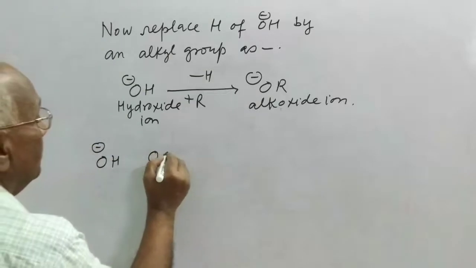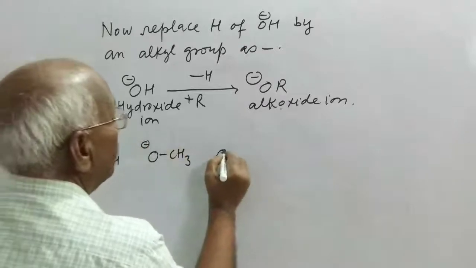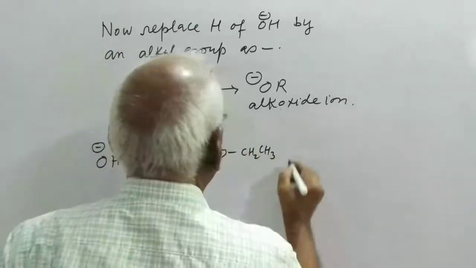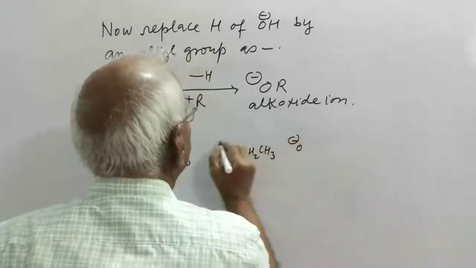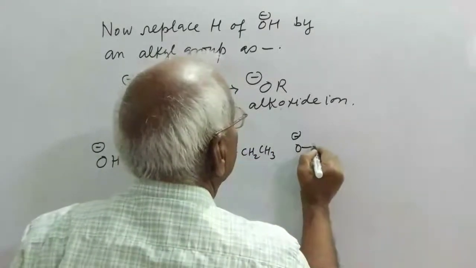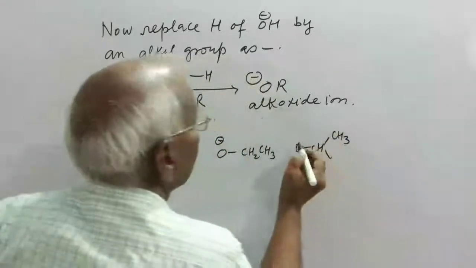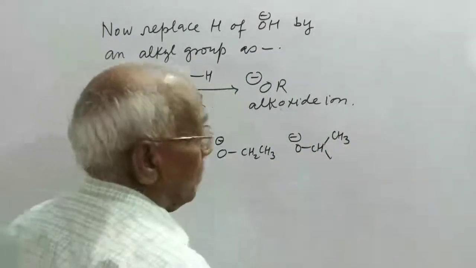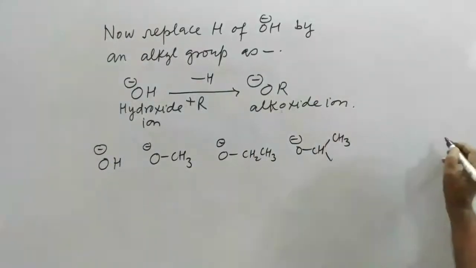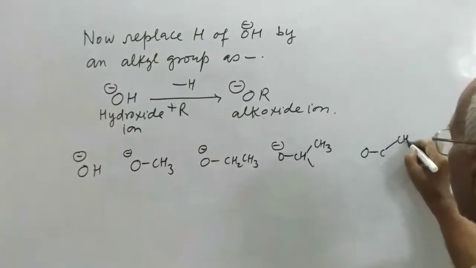Now add R is CH3, then R is C2H5, then R is isopropyl group, and the R is tertiary butyl group.